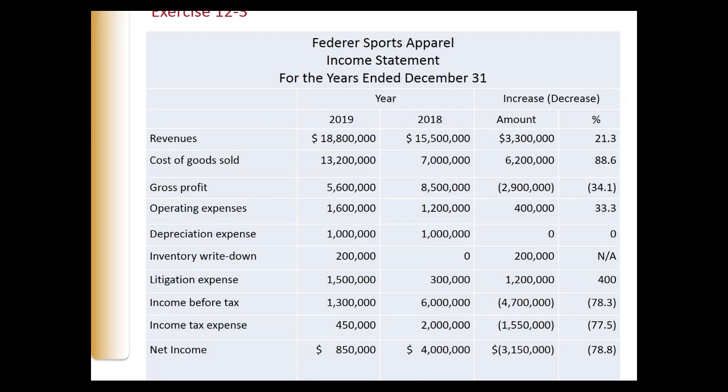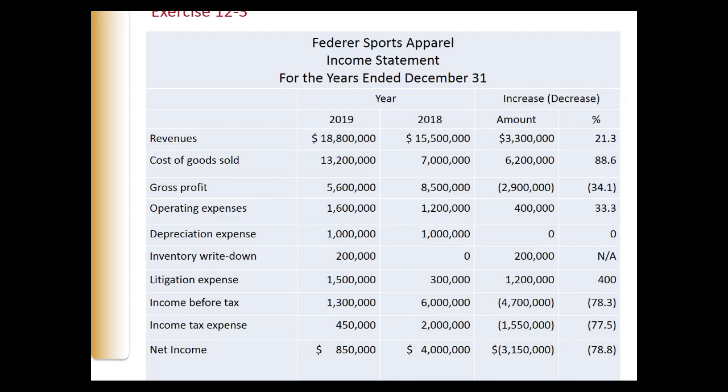So what we do is we take the difference in revenues, which is $3,300,000, and then from there we're going to divide that number, the $3,300,000, by the $15,500,000 to give us a percent of 21%.